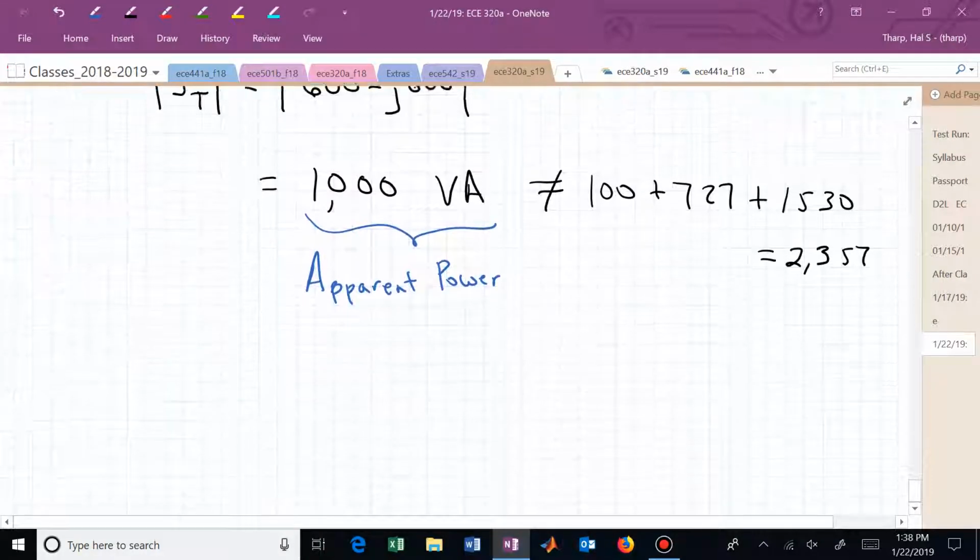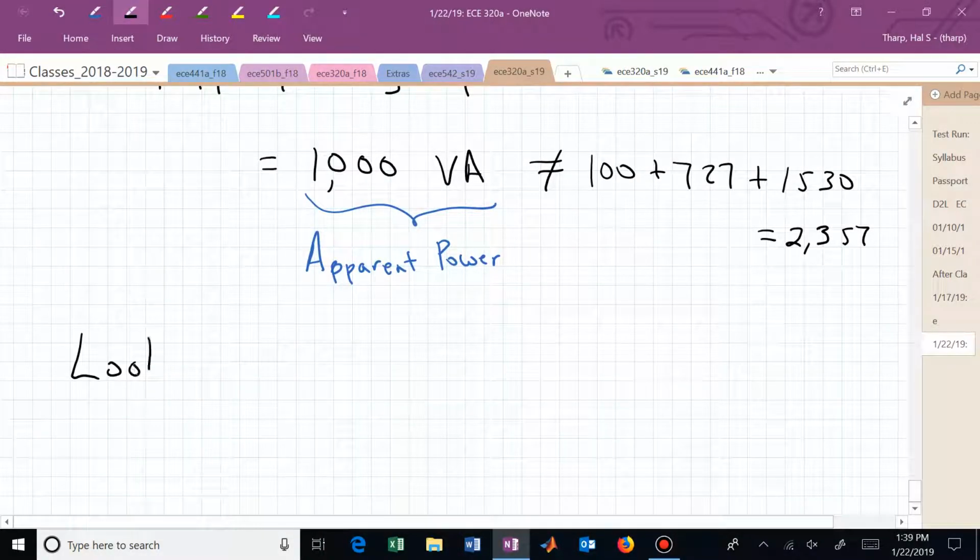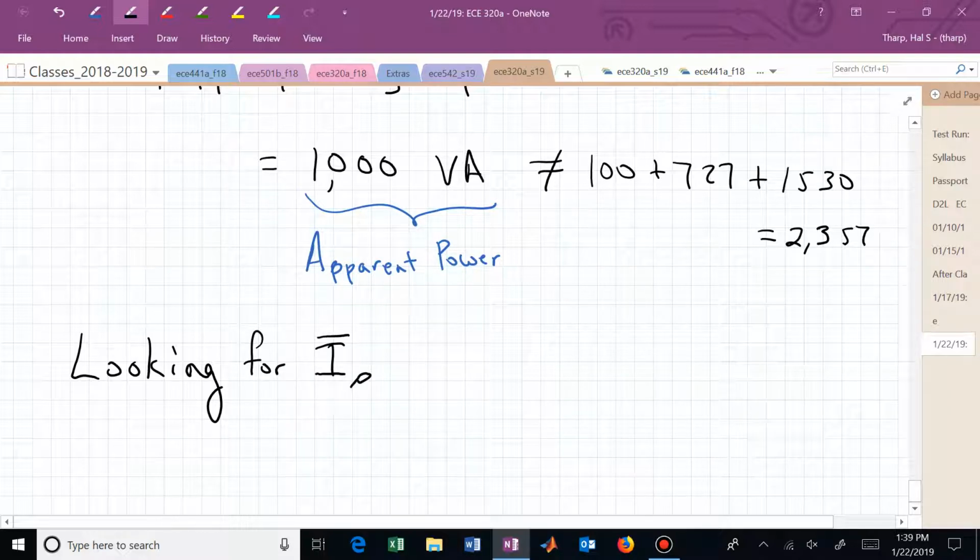We now want to relate that, but we can surely remember some of these formulas that we've been introducing in this part of the class. So we're looking for the current that supplies those, and now what do we do?